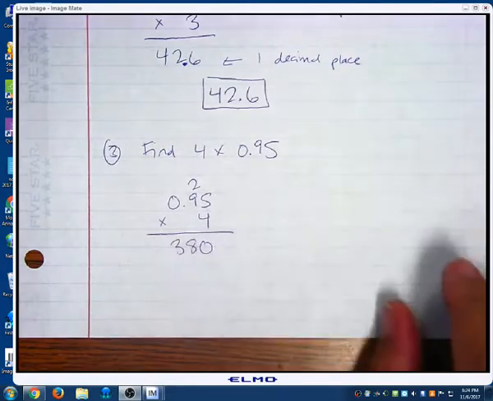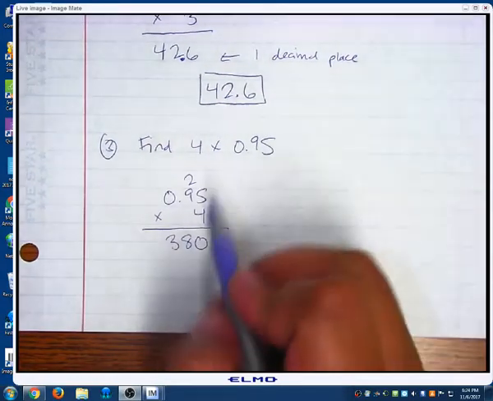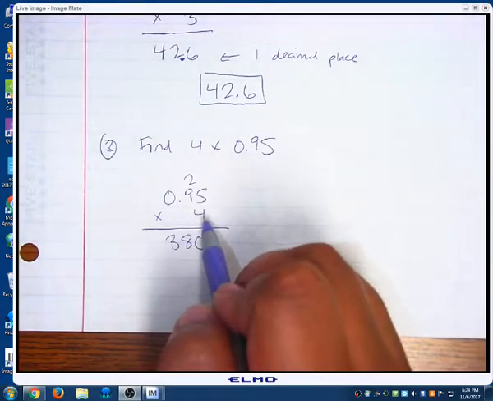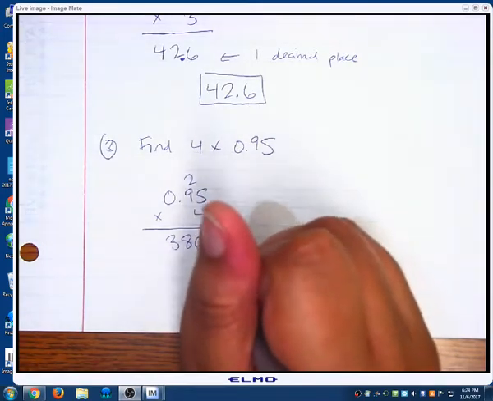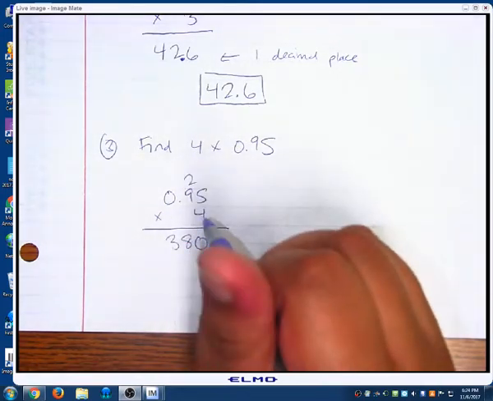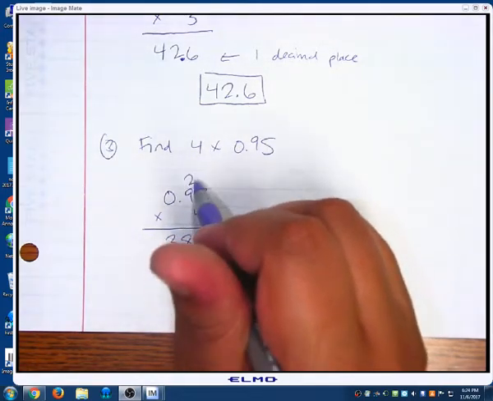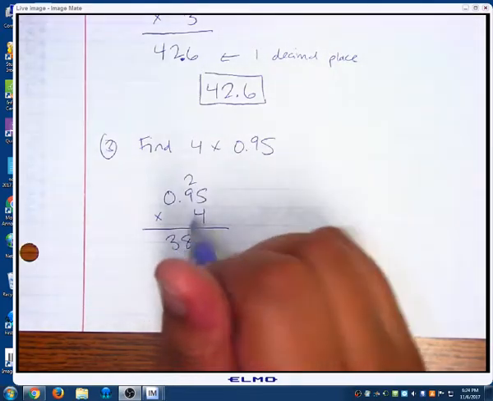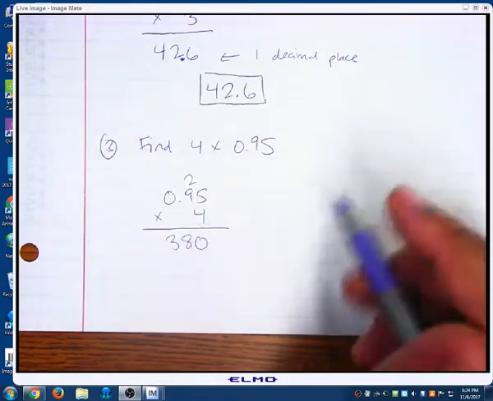And then I'm done because I only have this 1 digit here, and 4 times 0 is just 0.